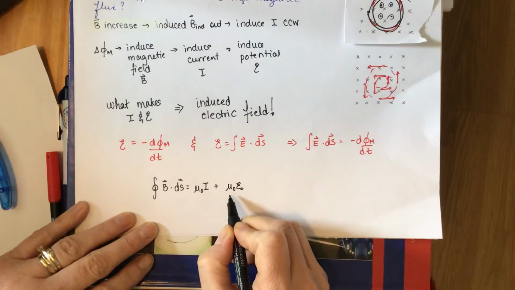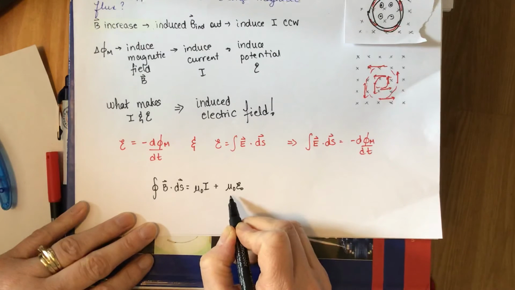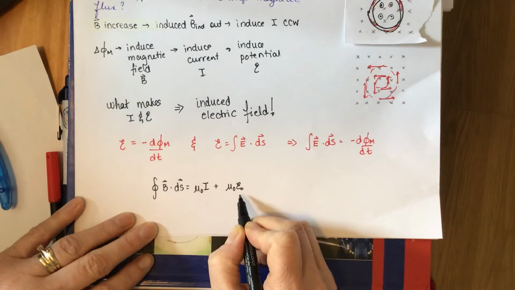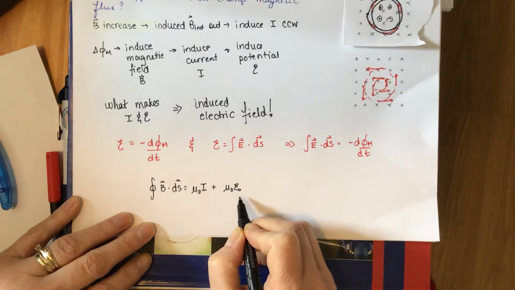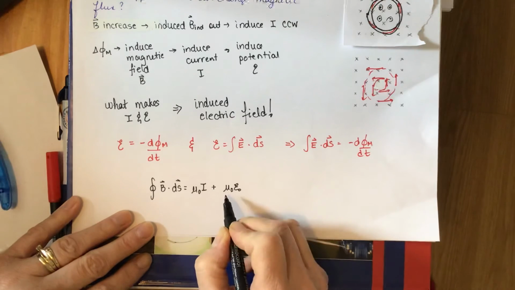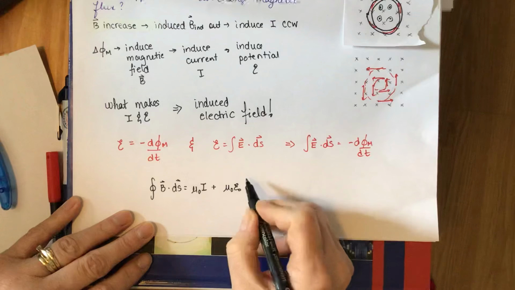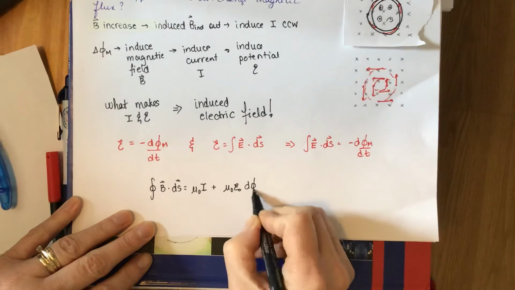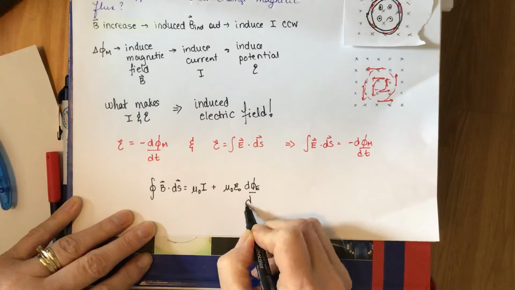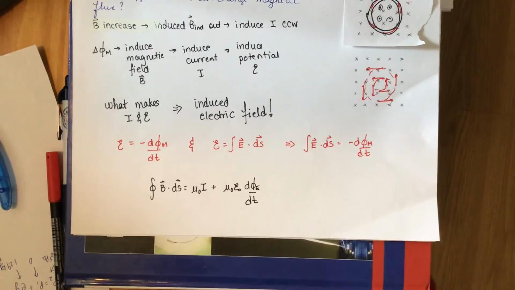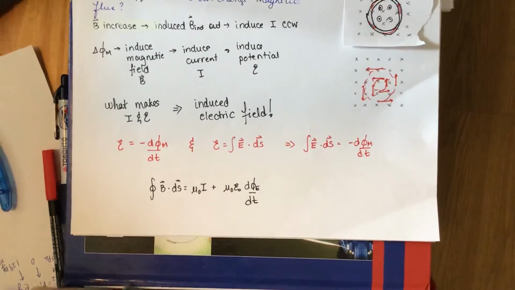Mu naught is the permeability of free space, how magnetic fields move. Epsilon naught is the permittivity of free space, how electric fields move. So he said it's mu naught times epsilon naught times the change in electric flux over time. So Maxwell did this because he saw the symmetry and he thought they had to be related.